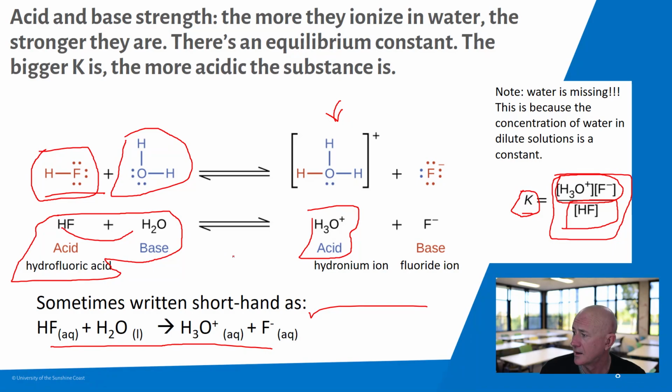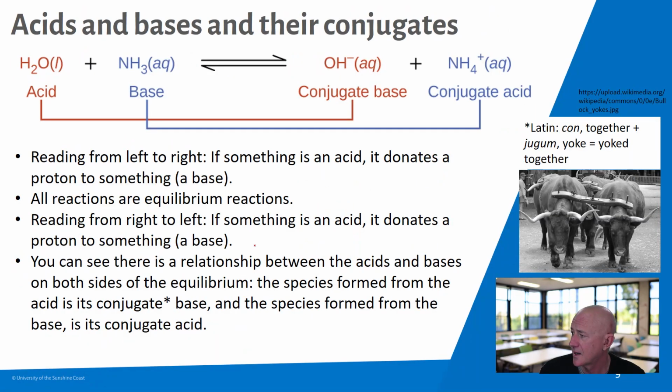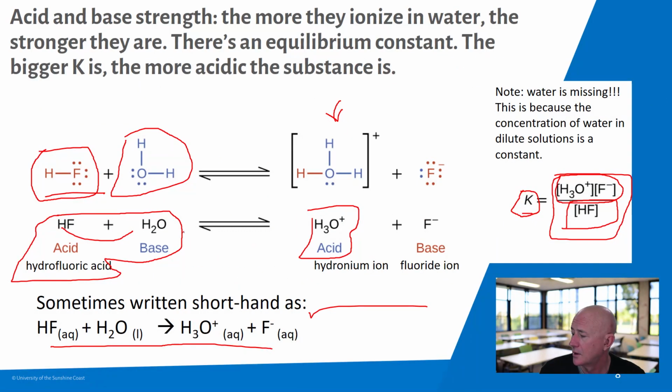The other thing that we might as well get started on now is this idea: if we're reading the equation from left to right, which you are by convention, these are the reactants, these are the products.